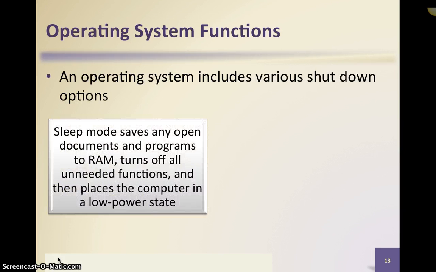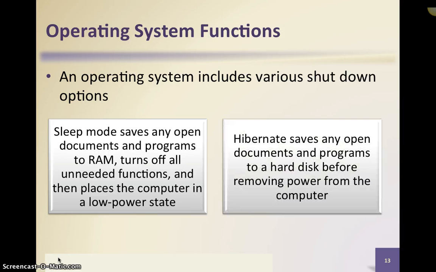So once we start up the computer, we also have to shut down. And there are actually three ways that the computer can shut down. You can totally power it off, so you've hit the power button, or you've done a complete shutdown so no power is getting to it. You can go into sleep mode, or you can go into hibernate.